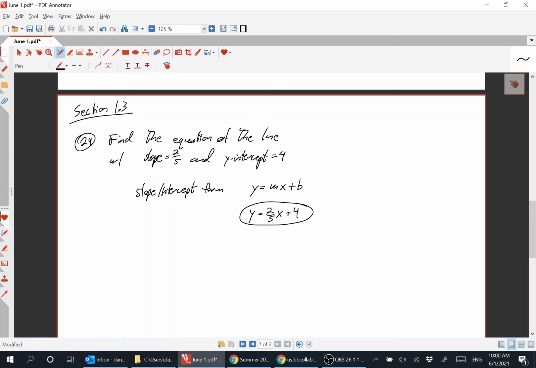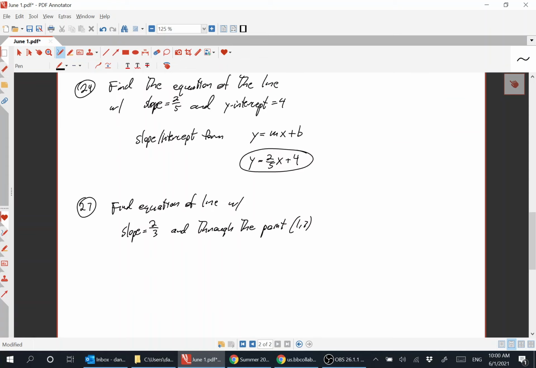Number 27: find the equation of the line with slope 2/3 and through the point (1, 7).